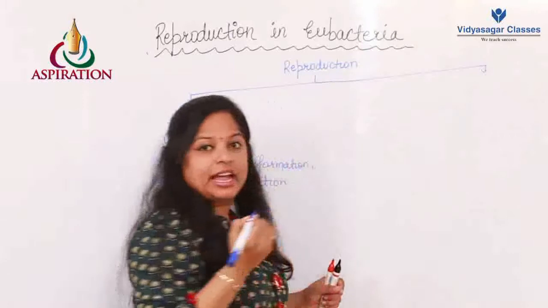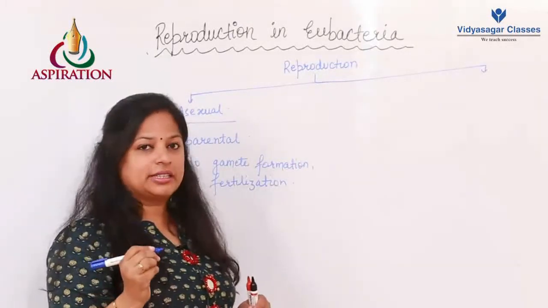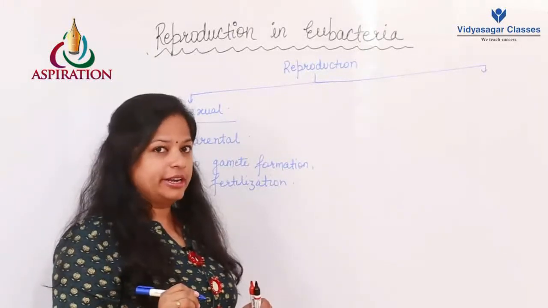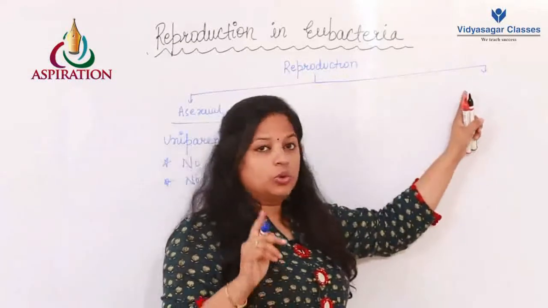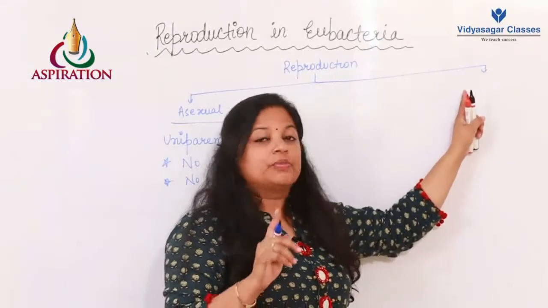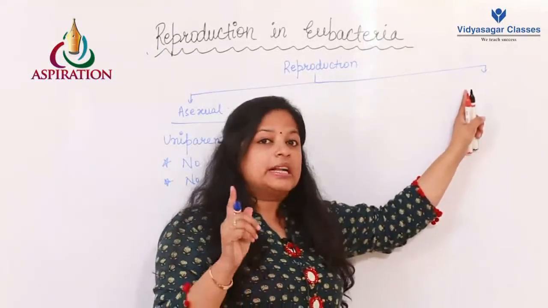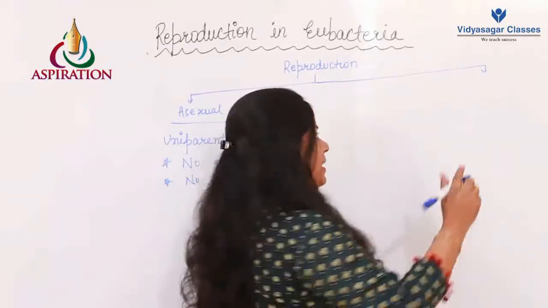A primitive type of sexual reproduction is also reported, in which there is no gamete formation, no fertilization, but genetic recombination is there.